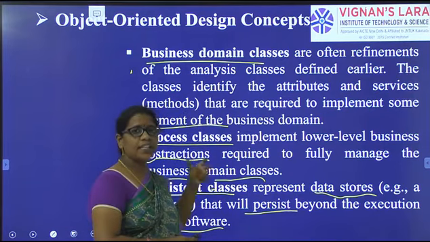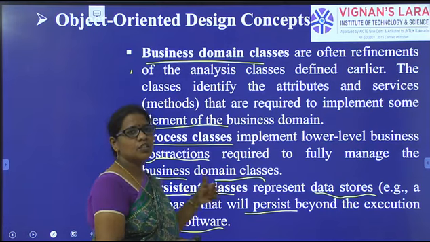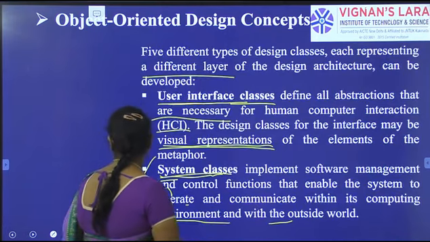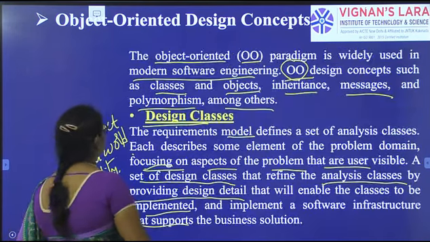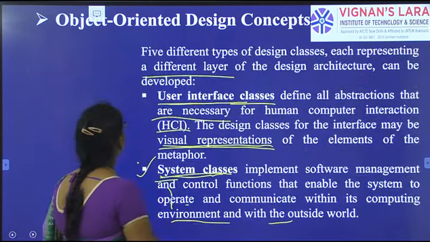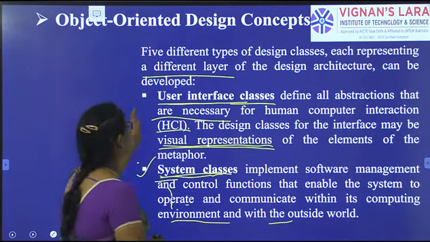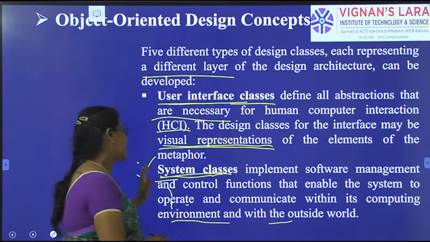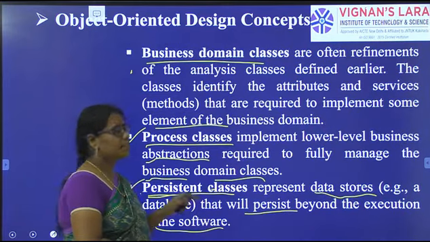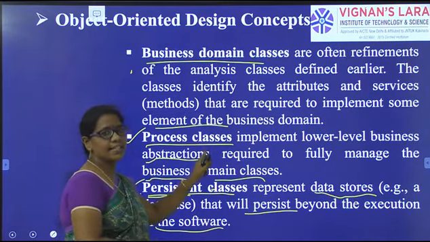So these are the five different types of design classes. The first one is the user interface classes. The second one is the system classes. Thirdly, business domain classes. Fourth, process classes.